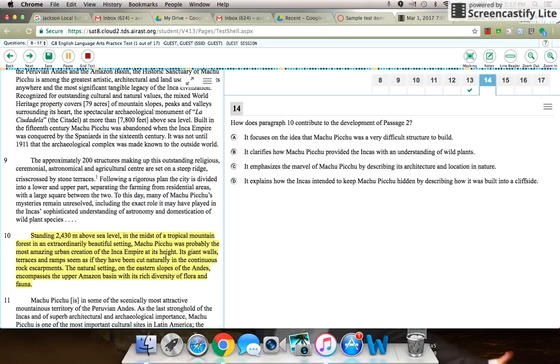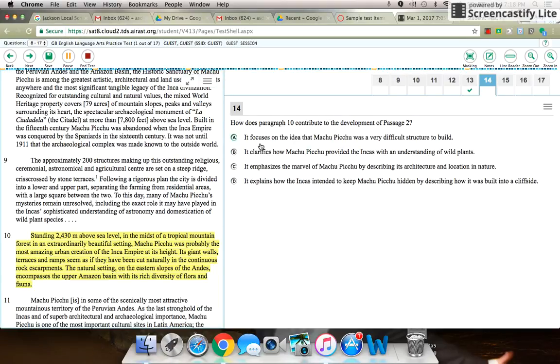And so let's take a look at our options and see which ones fit for us. Let's keep in mind that we're supposed to take away the fact that we have wonderful architecture here, and it's set right in nature.